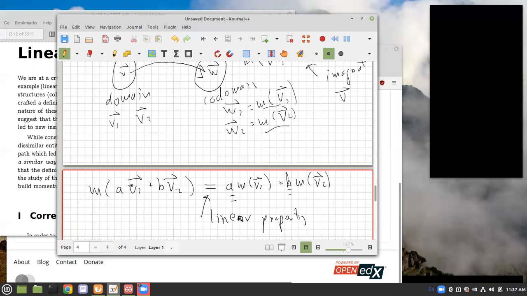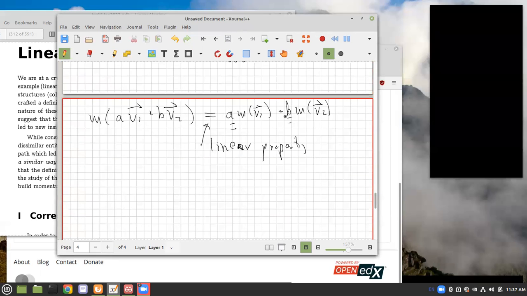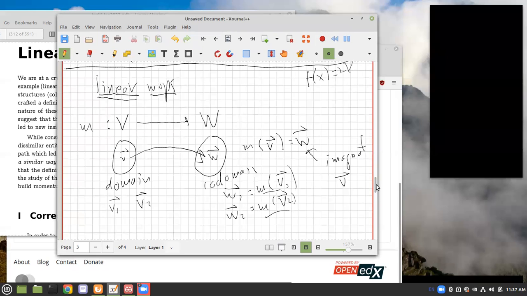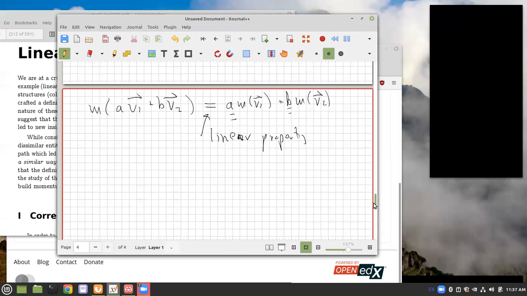So this is the linear property, and it's very restrictive on the kind of maps that you have, and that's what makes all this stuff work, because you need this property, and when you have it, a lot of nice things happen.